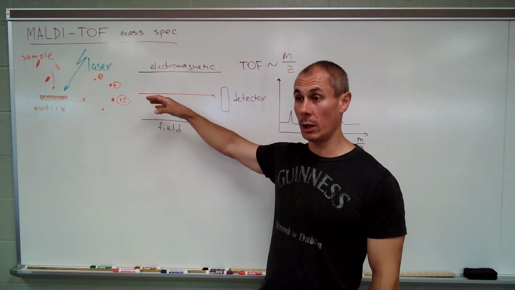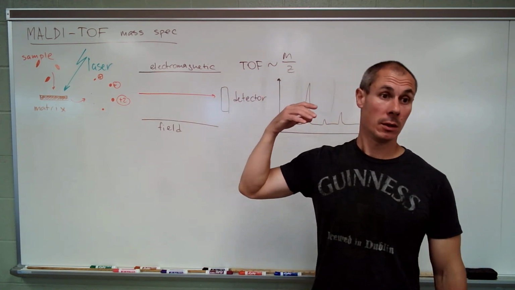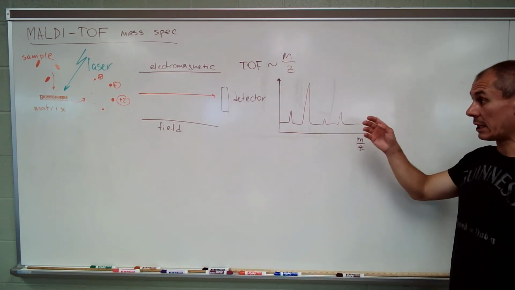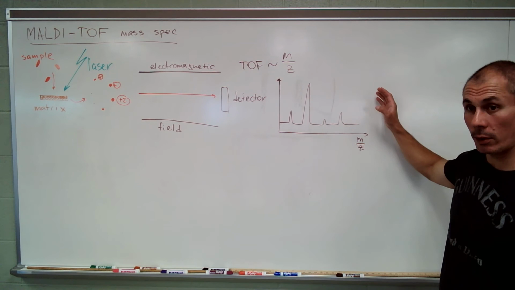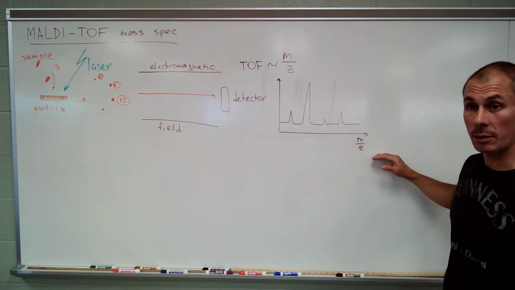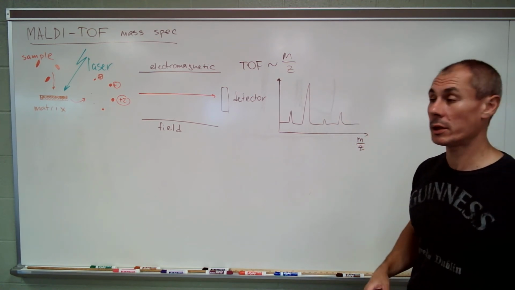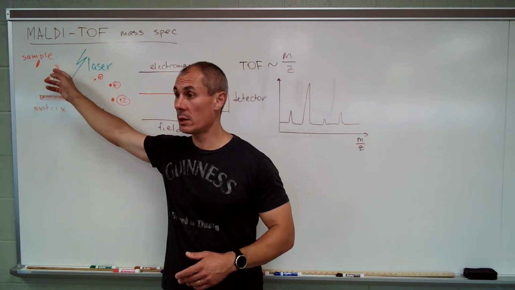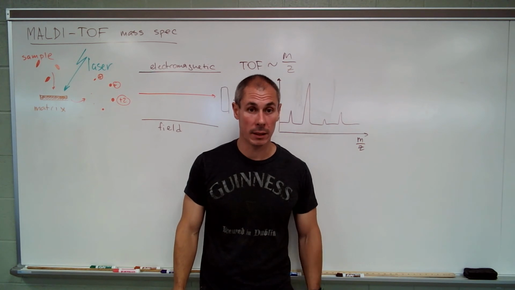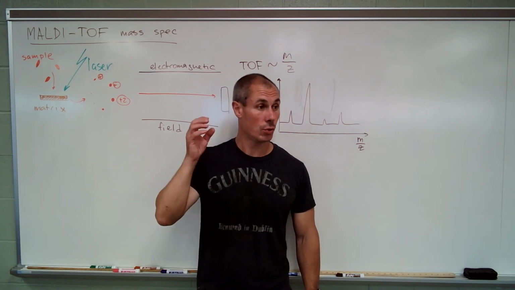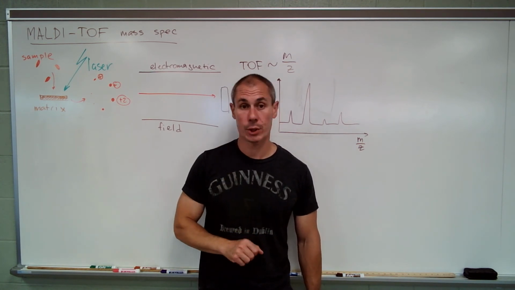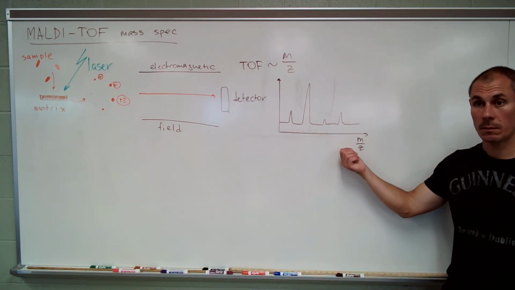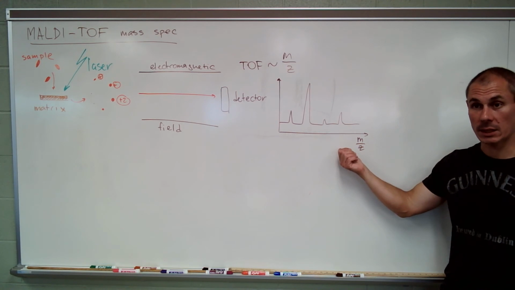Okay, the smaller ones fly faster, the ones with the bigger charge fly faster, and they are detected, and the graph shows you the separation of the particles based on the mass to charge ratio. What's so exciting about this method? Turns out that if this is your, I don't know, E. coli, every time you load E. coli into your machine, the graph at the end will be the same. Does that make sense?